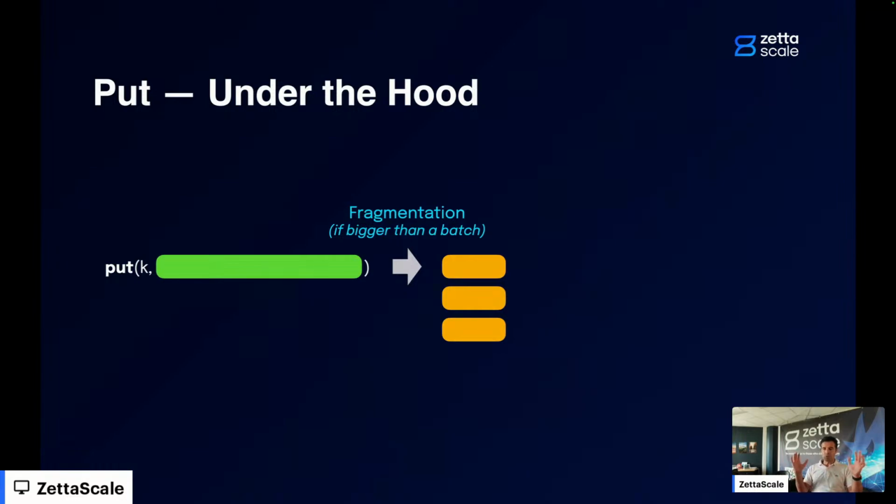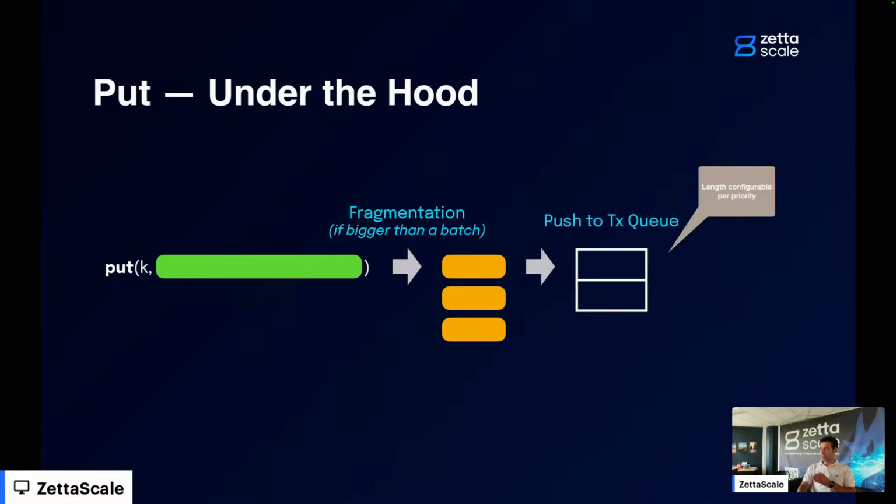This happens when what you try to send is bigger than a batch. So we have 3 batches that we want to send. After Zenoh does this, it will try to push this batch into the transmission queue. And by the way, the length of this queue is configurable, but by default, you have 2 slots.